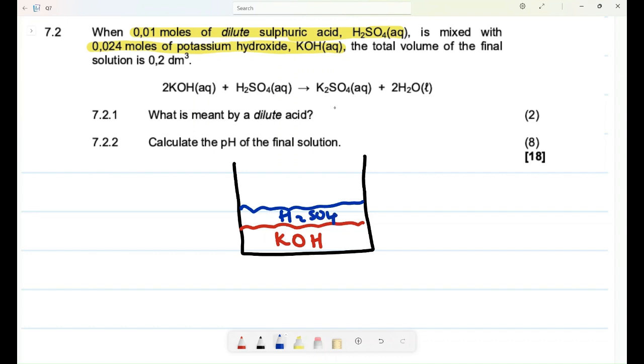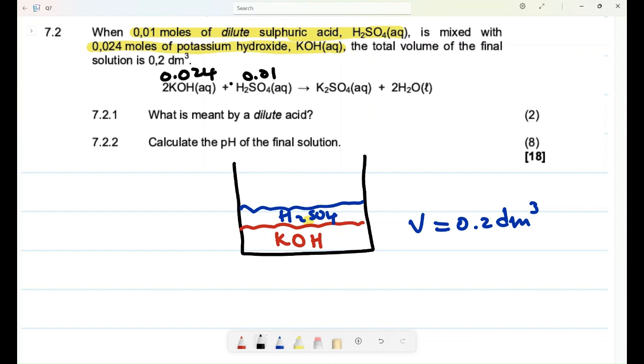Now I'm told that the final solution will have a volume of 0.2 decimeter cubed. But now we are interested in knowing which one between H2SO4 and KOH is the limiting reagent and which one is in excess. Now, how can we find that? We are told that KOH is 0.024, and this one is 0.01.